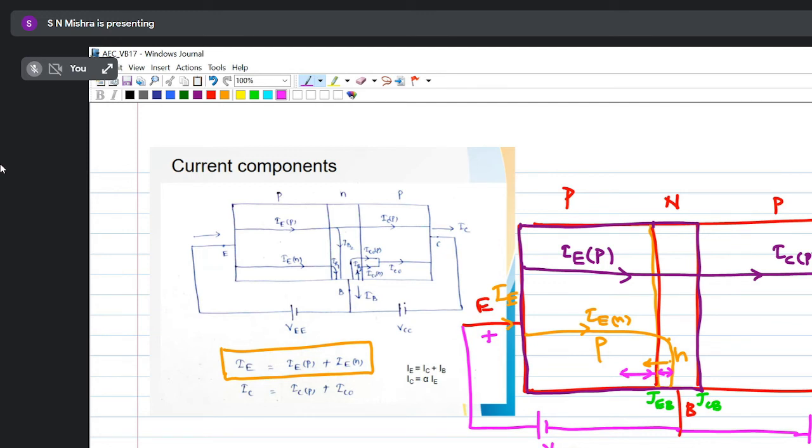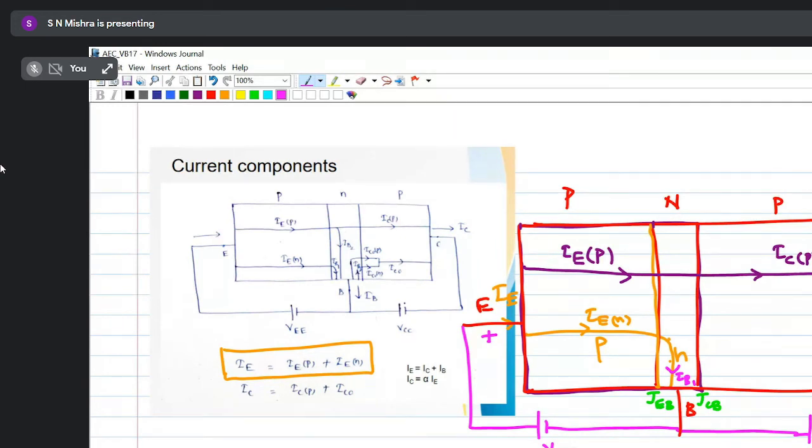So I'm just giving a different name in the base region and a different name in the emitter region. I'm giving here the name IB current while it is moving in the base region. Okay, so I'm giving the name IB1.